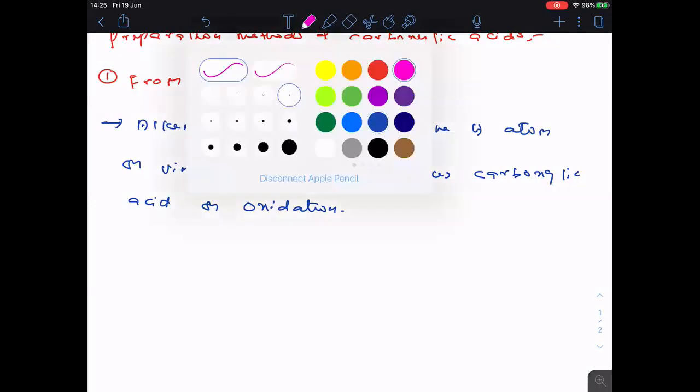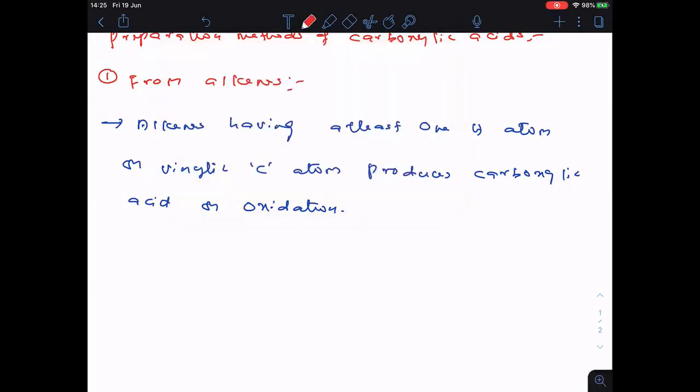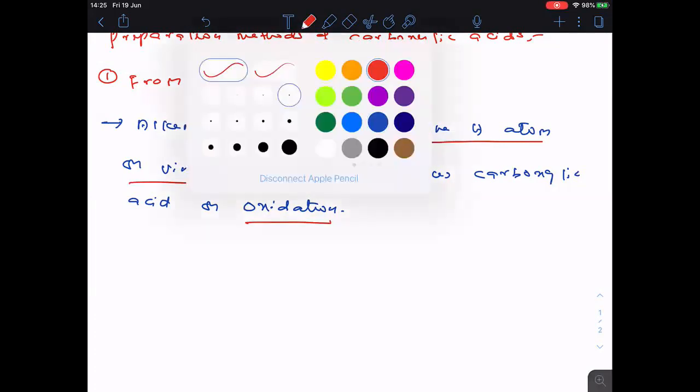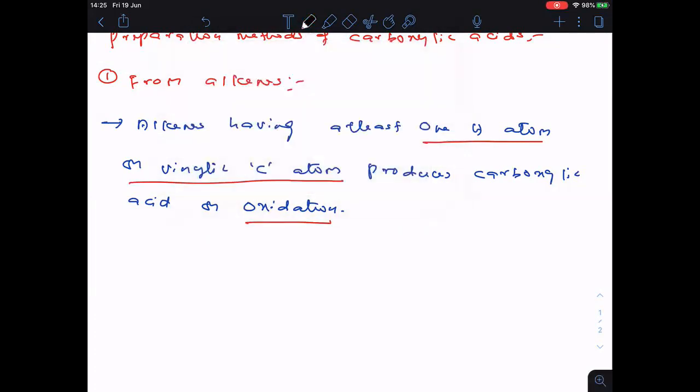So what is the condition? See clearly, everyone. Alkenes having at least one hydrogen atom on vinylic carbon atom produces carboxylic acid on oxidation. So what is the meaning of this? Let me explain. First of all, write this.